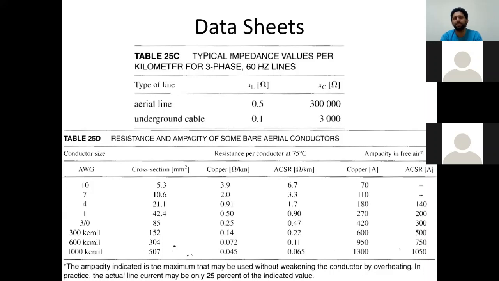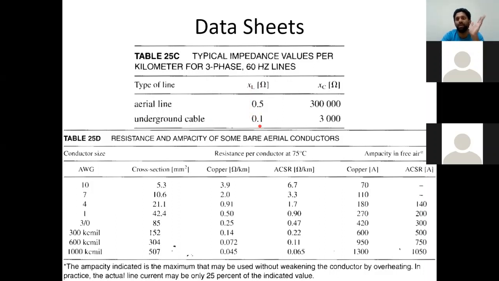Inductance and capacitance which we normally use for a three-phase 60 Hz line are almost constant values. If it is an overhead line, the inductive reactance per kilometer, remember it is per kilometer, is 0.5 ohm. And if it is an underground cable, XL, not L, XL value is 0.1 ohm per kilometer.